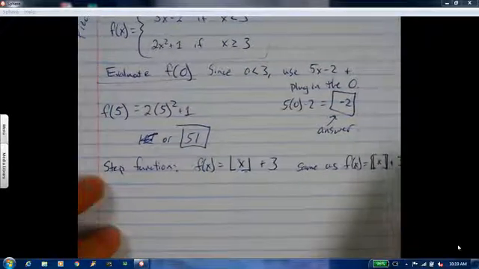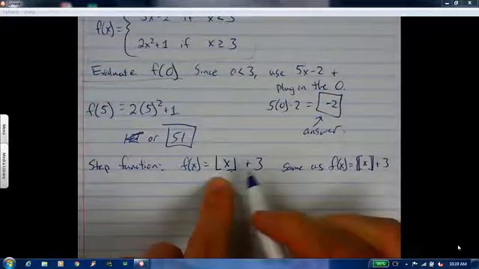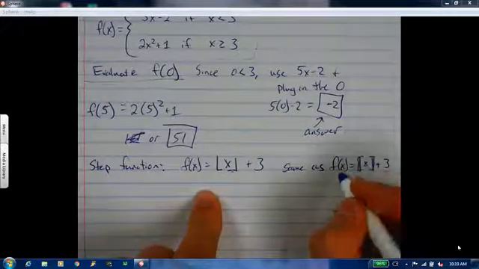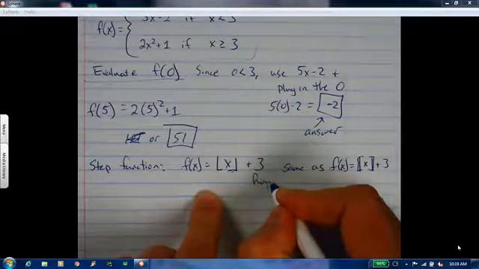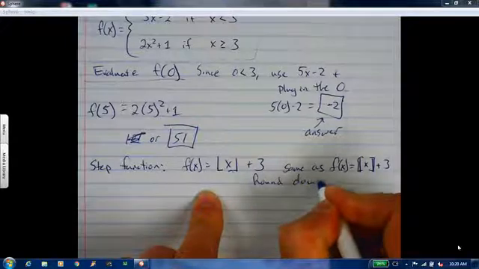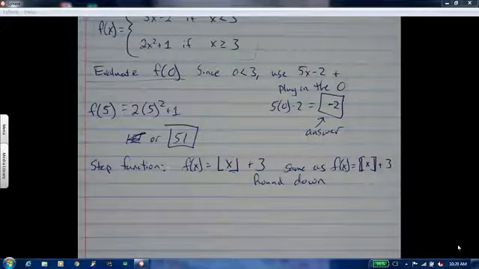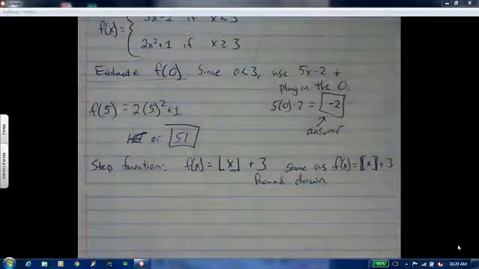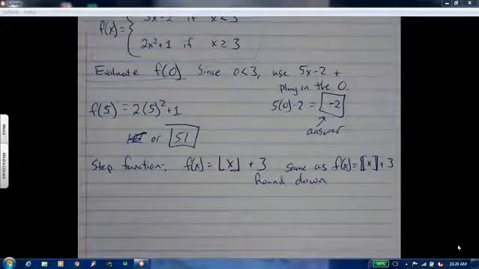They do the full bracket like that, that's exactly the same as the round down function. Now if they put them on top, it's a round the number up. So whatever number they're asking you to put in there, you have to round it up.